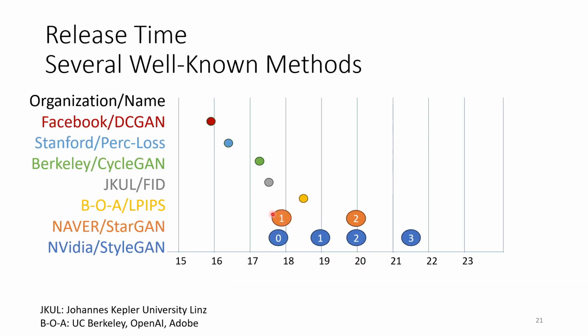Here, this is the time StarGAN version 1 was released. And FID is an effective method to measure the image quality generated by GANs. But it was just uploaded to arXiv, and it hadn't been published by a major conference, so it is not widely known.